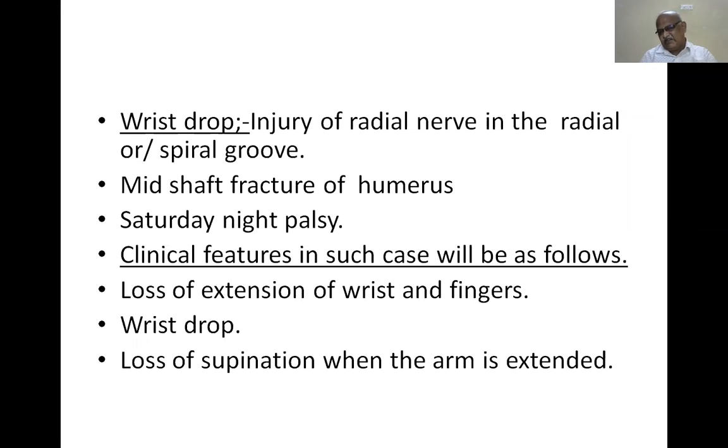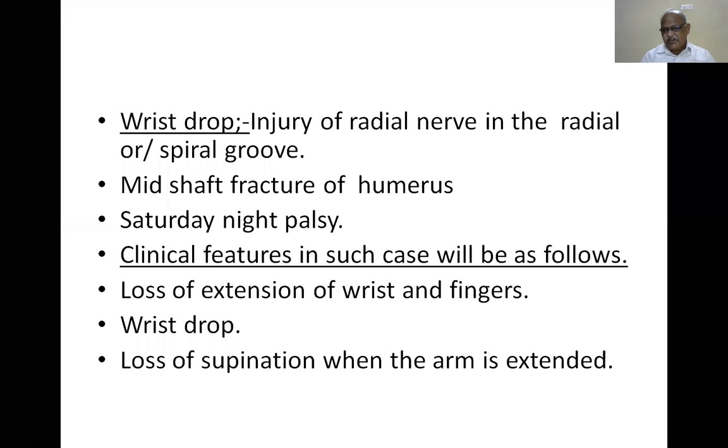Whenever a nerve is injured, the nerve supply to the muscles below that injury will be damaged, but above does not alter. That means if injury in the radial or spiral groove occurs, it is mid shaft level. So the triceps muscle escapes because the nerve supply from the radial nerve to the triceps arises above the spiral groove.